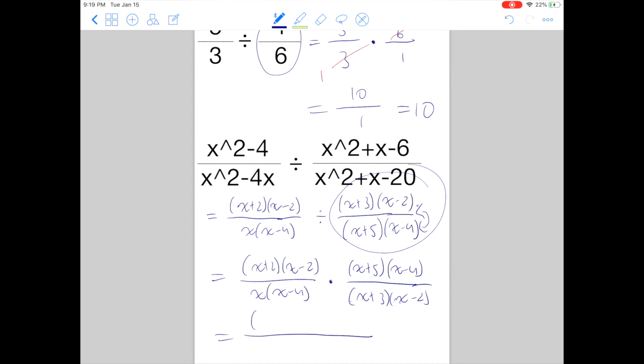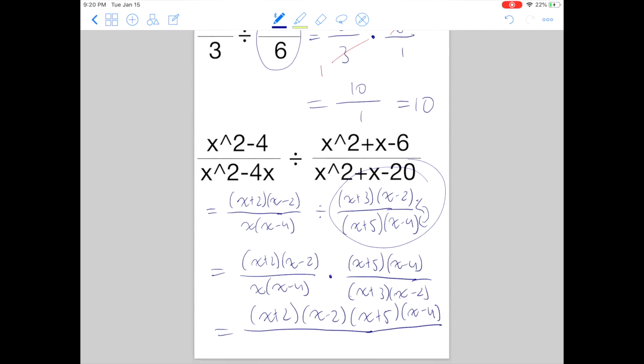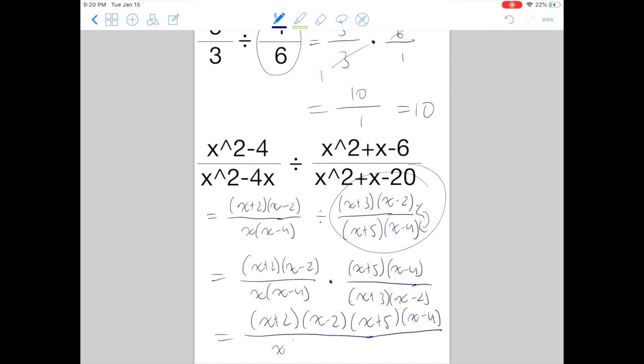So from here we get x plus 2, x minus 2, x plus 5, and then x minus 4. And in the denominator we get x minus 4, x plus 3, and x minus 2.